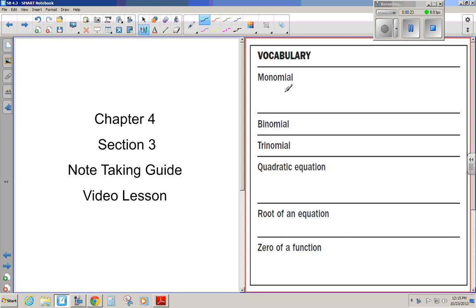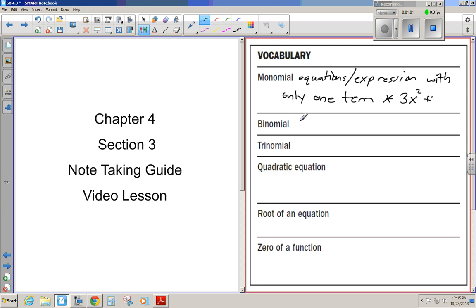Monomials are terms, we'll say equations or expressions, with only one term. So the expression 3x squared, that is one term. This is a monomial.